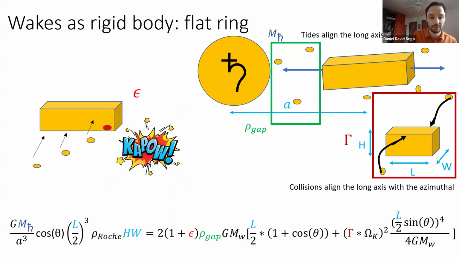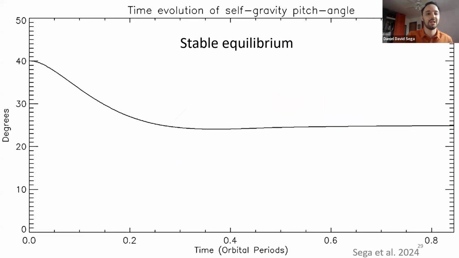It depends also on the dimensions, H, L, and W, of the gravity wave. And then the collisional torque due to the Keplerian shear is going to depend on how much things are between gravity waves, the coefficient of restitution, and the shear rate. So it is what you would expect, and we can test if this is a stable equilibrium situation.